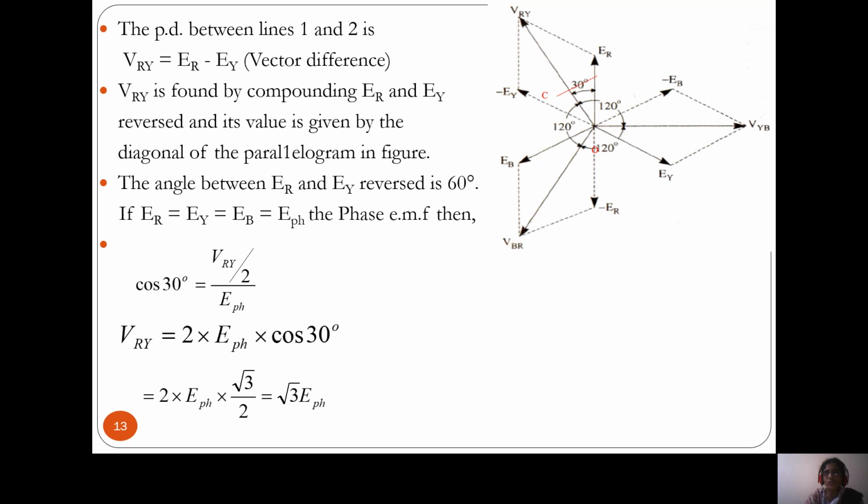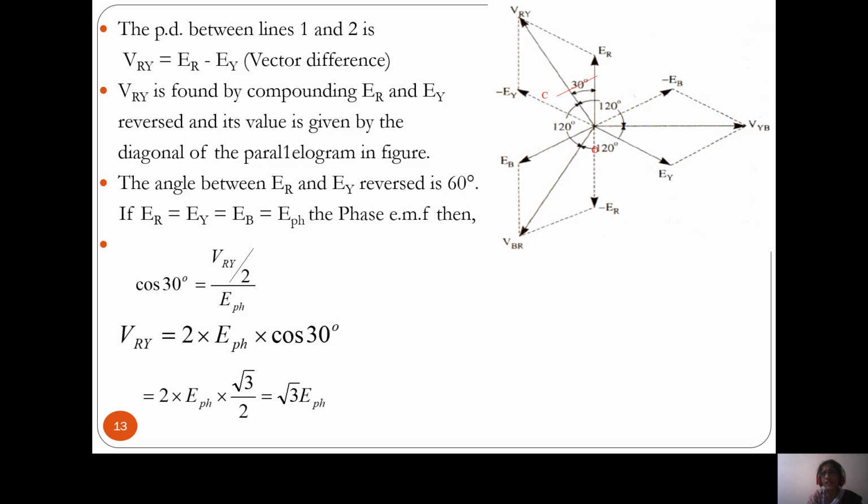When you observe this phasor diagram, with ER, EY and EB, the negative part of ER is minus ER, the negative part of EB is minus EB, and the negative part of EY is minus EY, on the other side.